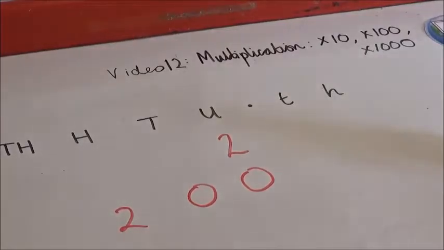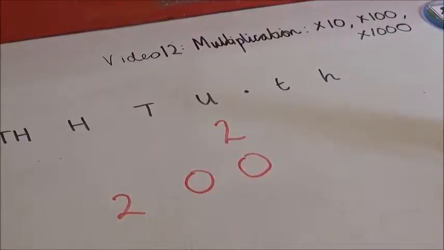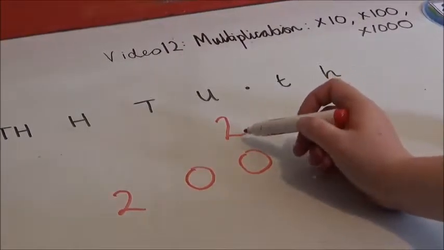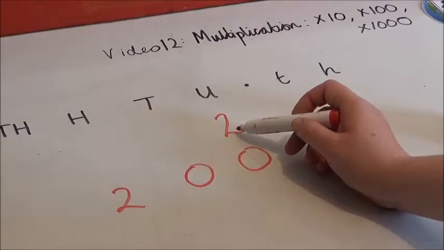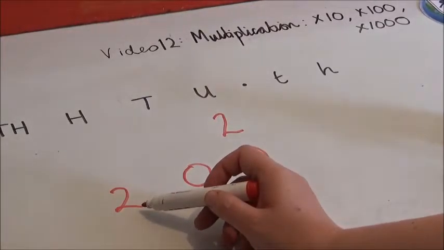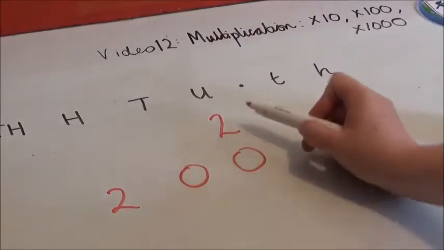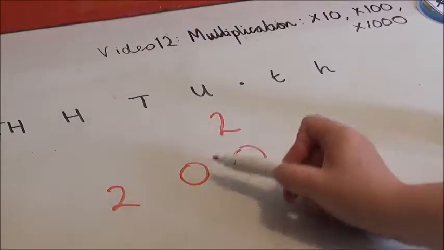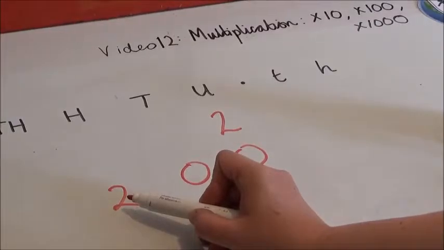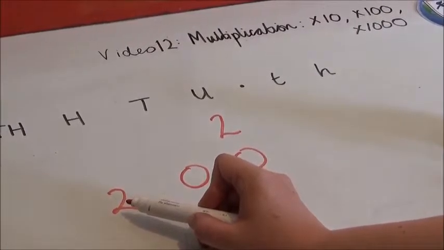If you have a look at our place value grid, you'll see that actually our place value positions have moved not once but twice. When we were timesing by 10 we moved it up one position, when we're timesing it by 100 we move it 2 places up the place value positions. So let's have a look at another example.